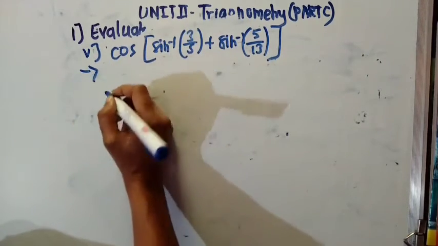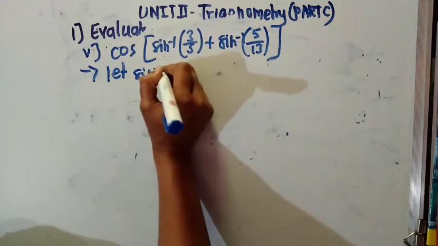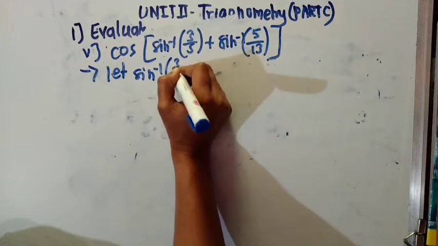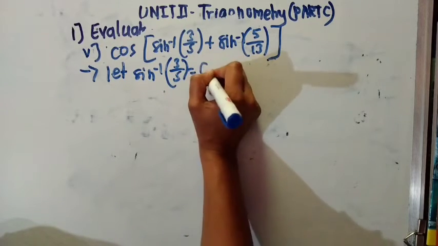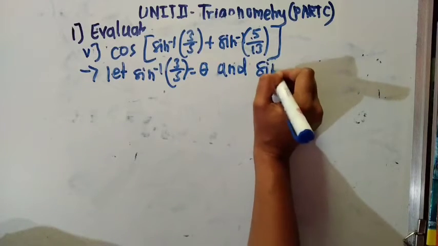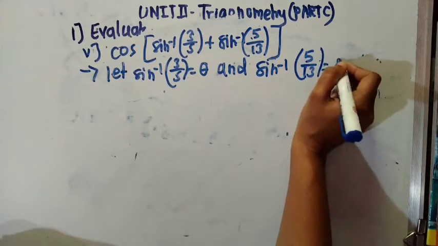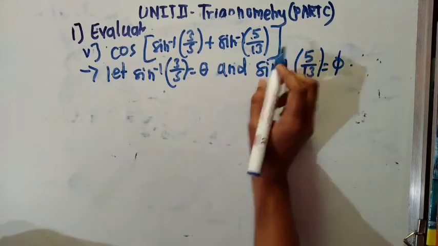How to find out this? Let's consider sin inverse of 3 upon 5 is equal to theta, and sin inverse of 5 upon 13 is equal to phi.